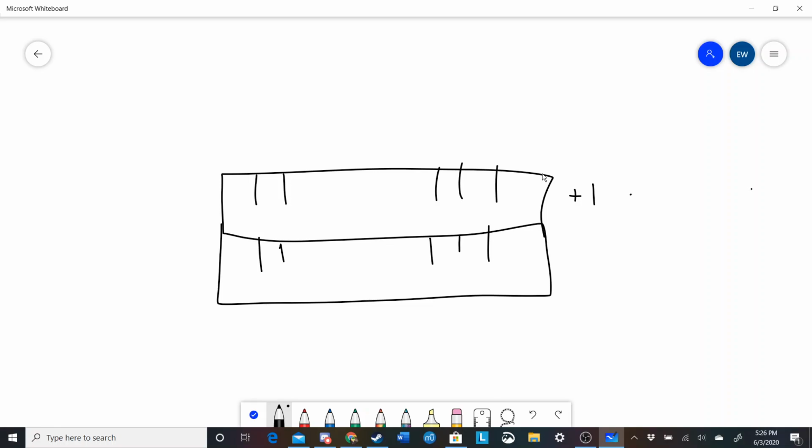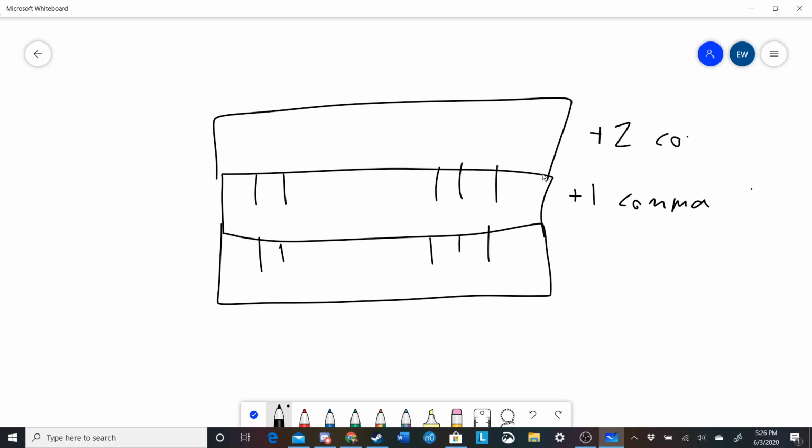So this is +1 comma, and then we had another one which would be +2 commas. And such a keyboard probably exists somewhere, but obviously making that sort of tone space, thinking about music in terms of a two-dimensional tone space, not a good idea.